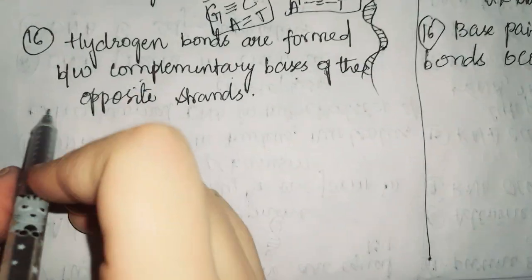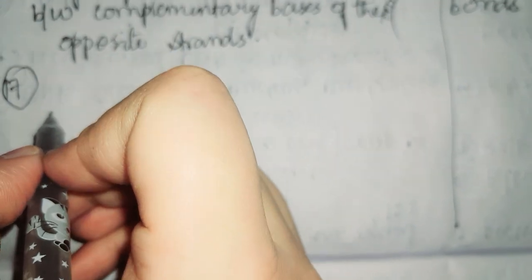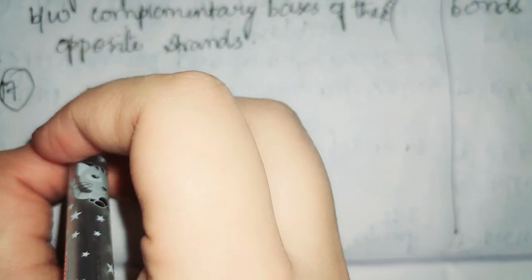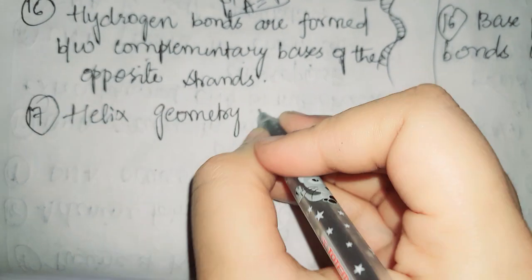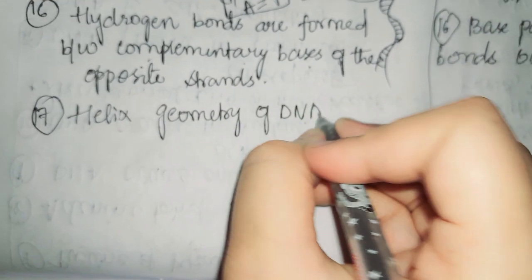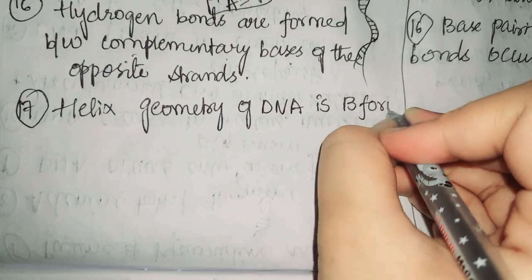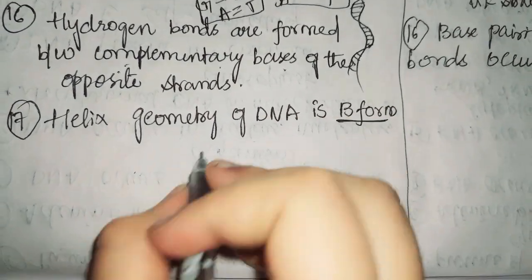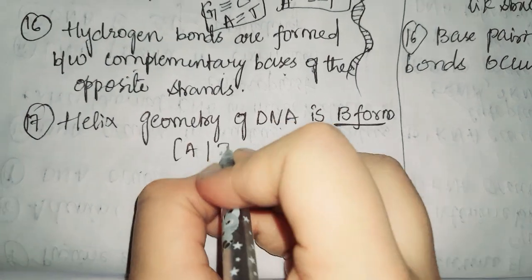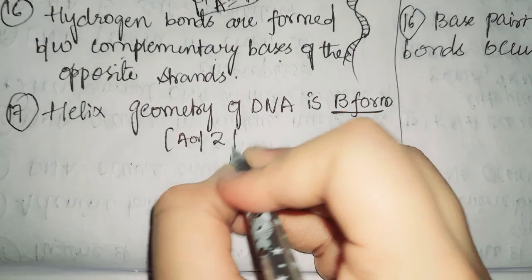Now let's see one more difference, that is the helix geometry of DNA. The helix geometry of DNA is mostly the B form, and some are A or Z form also.